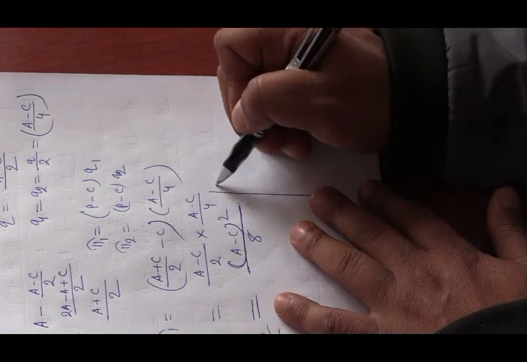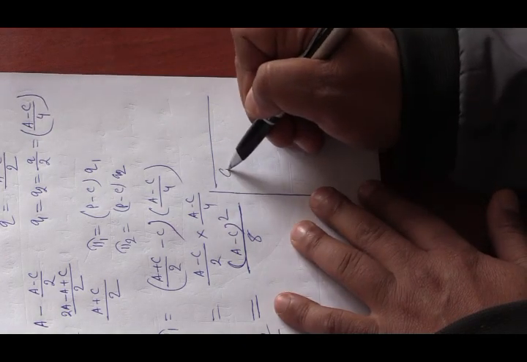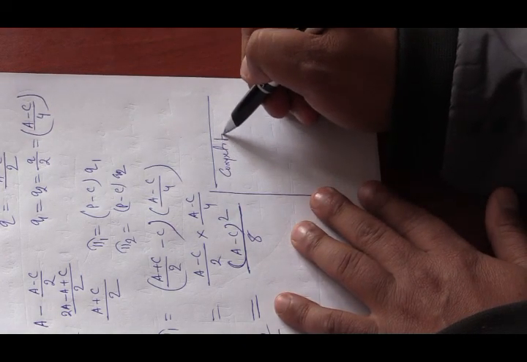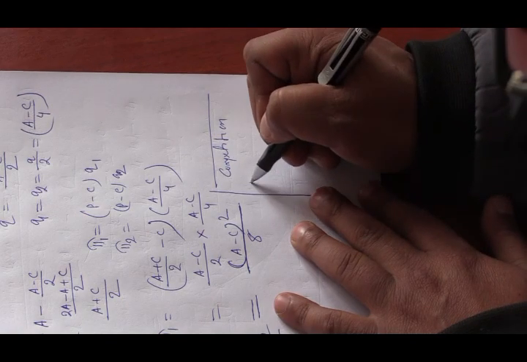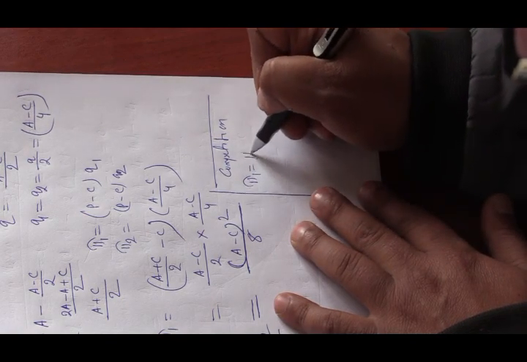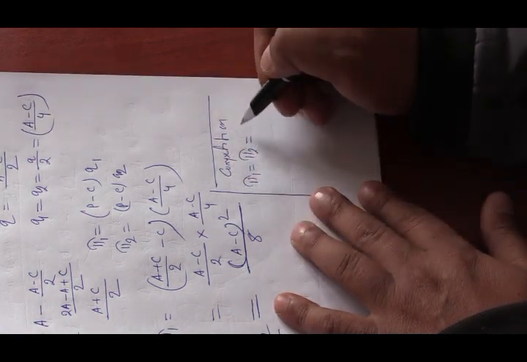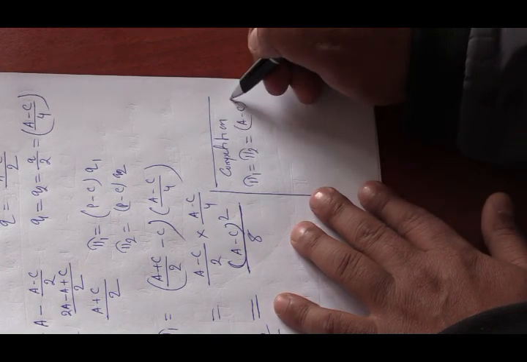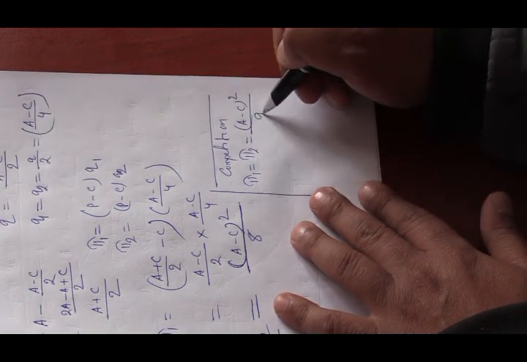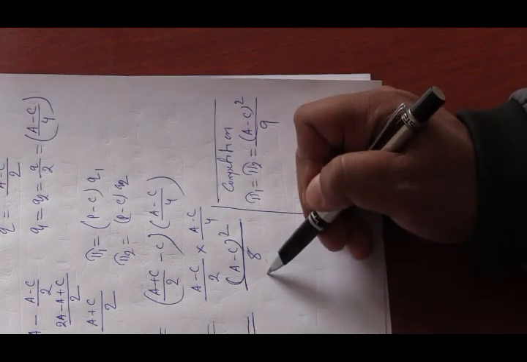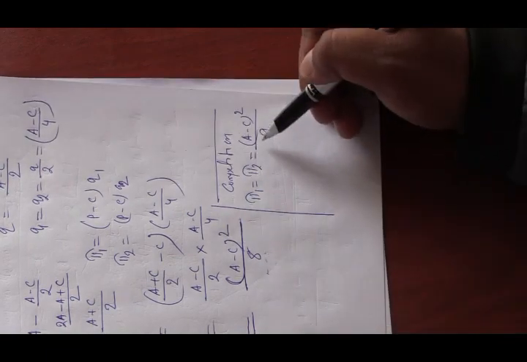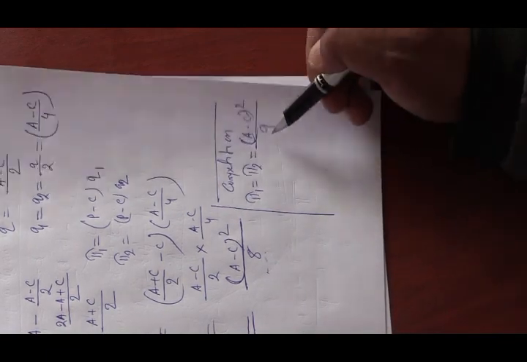In case of competition, we will see pi 1 equals pi 2 equals (A minus C) square by 9. So in this case, profit is (A minus C) square by 8. In competition, profit is (A minus C) square by 9.